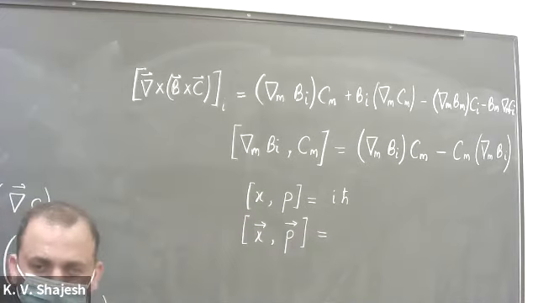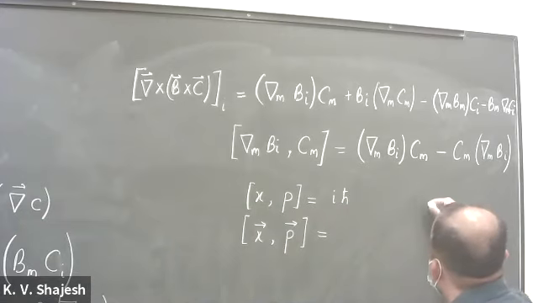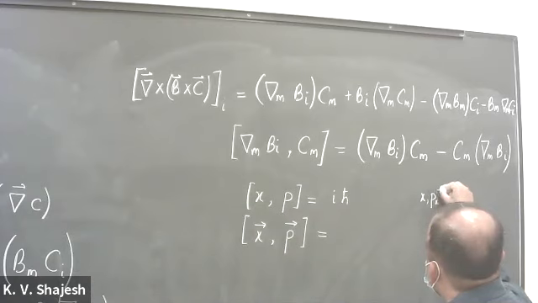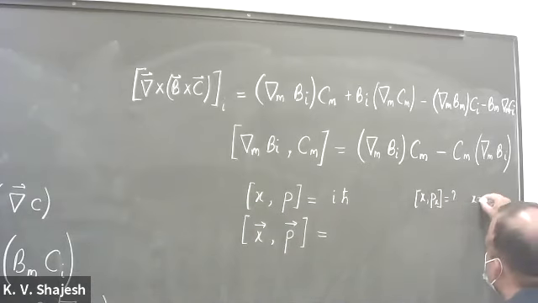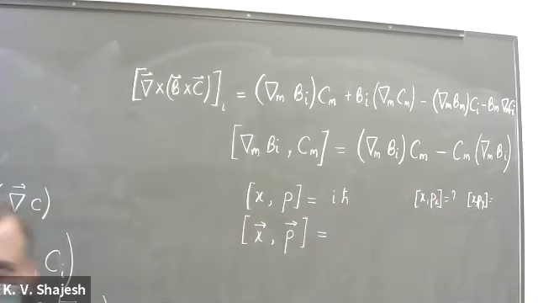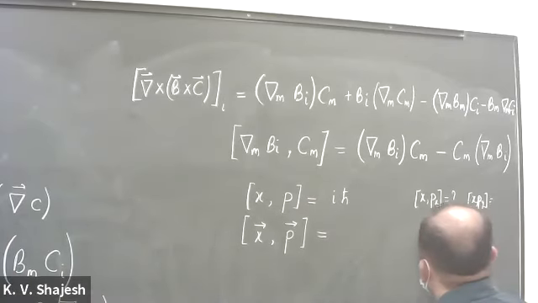That's a generalization, and you will immediately ask, what do I mean by that? There are lots of terms here, right? So there's x comma px, what is that equal to? I can write what is x comma py. What is that equal to? Like position in the x direction and momentum in the y direction. How are they related? What about x comma pz? And then I can write y comma px, and so on.